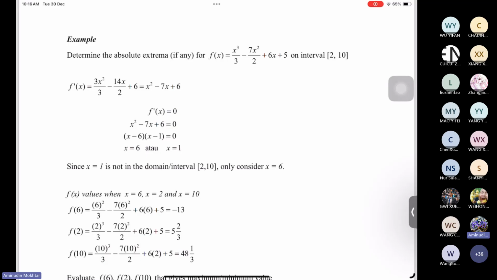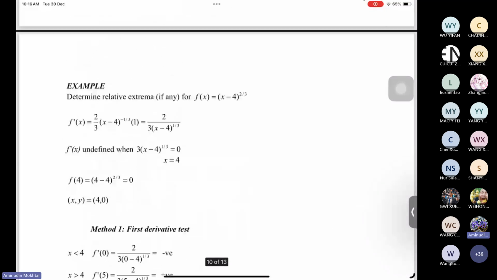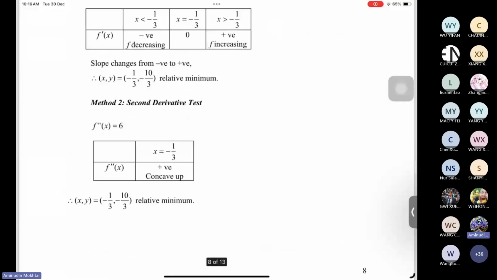Before that, I have one graph. Okay, I will show you this example.